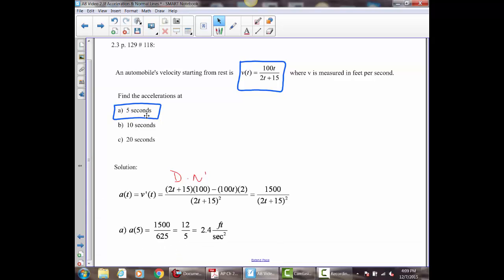So if we do part A, they want the acceleration at 5 seconds. You're simply going to take the acceleration formula and replace the t by 5 seconds. And you will get 2.4, and again, that's in feet per second squared, because it's a rate of change of velocity with respect to time.